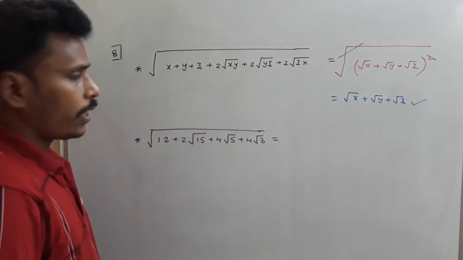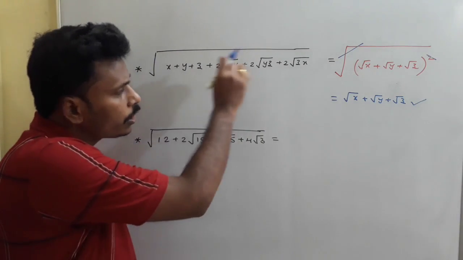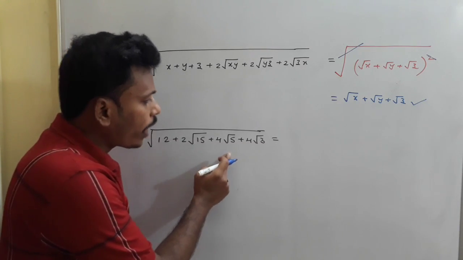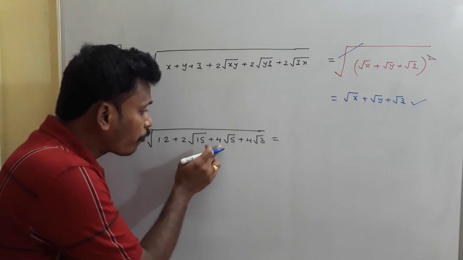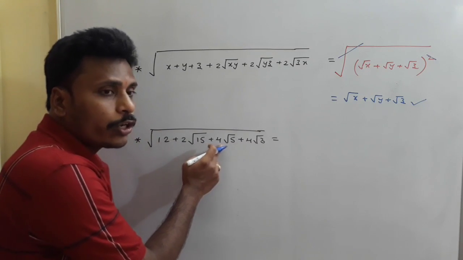So you need to express the given expression in this format, like x plus y plus z, 2 root xy, 2 root yz and 2 root zx. But here I have 4, so I will rewrite it as 2 into something.